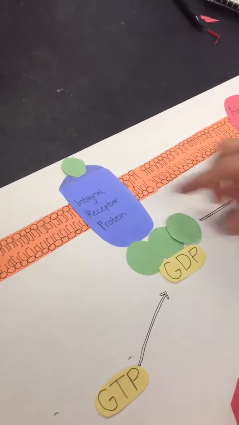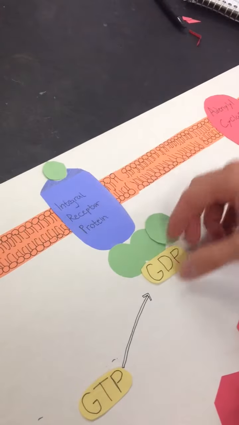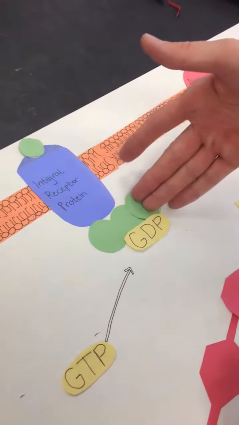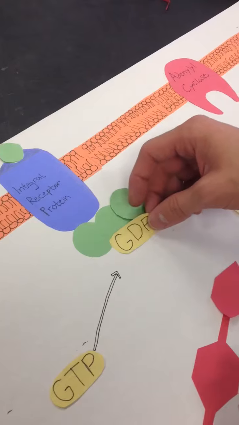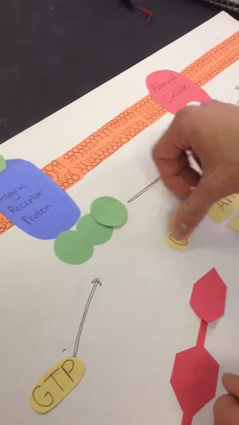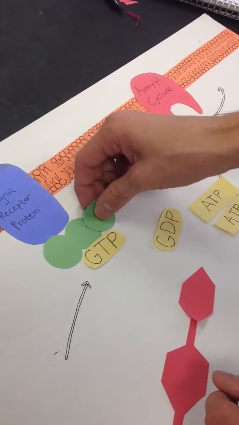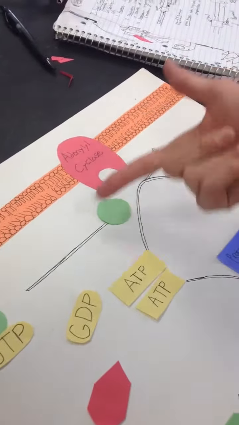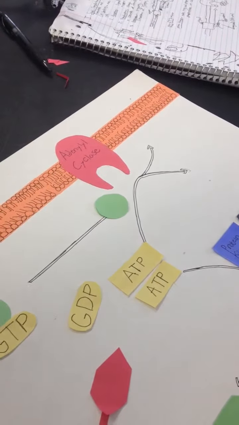This triggers the GDP, which is attached to the peripheral protein on the integral G protein, to be replaced by GTP, which activates it and causes activation subsequently of the adenylyl cyclase protein.